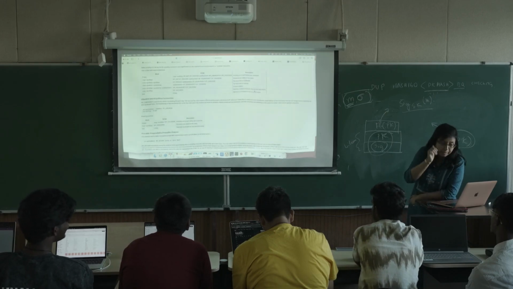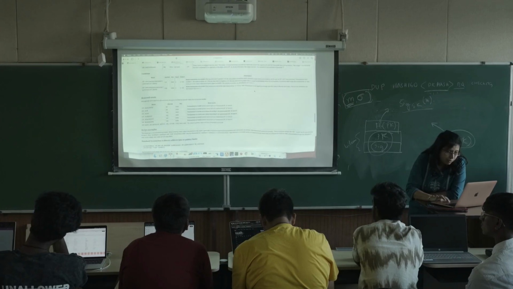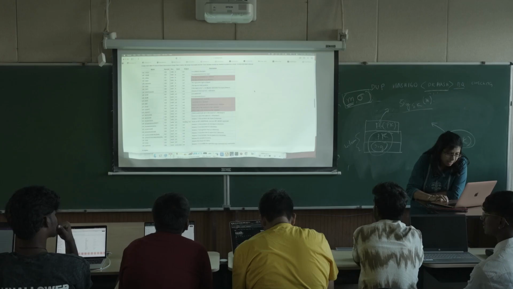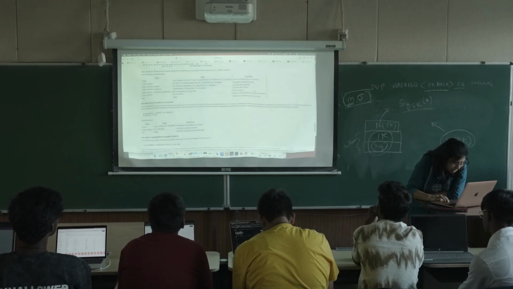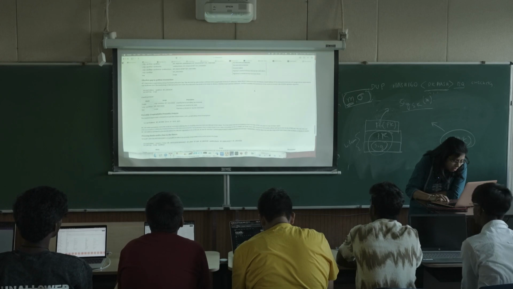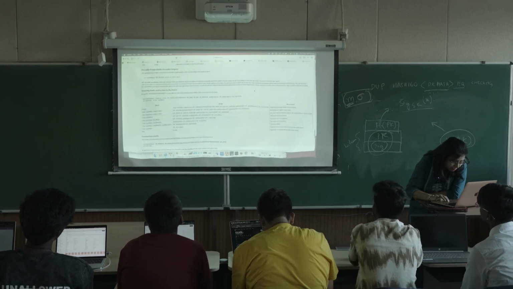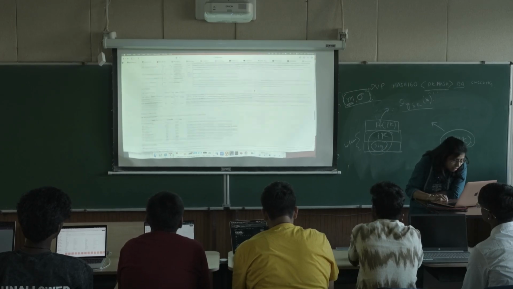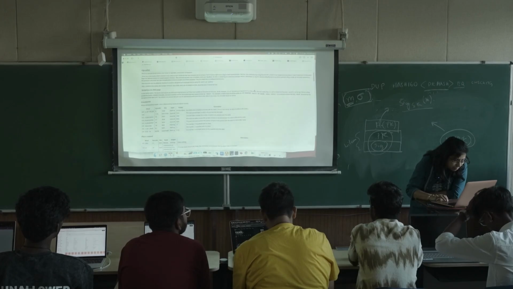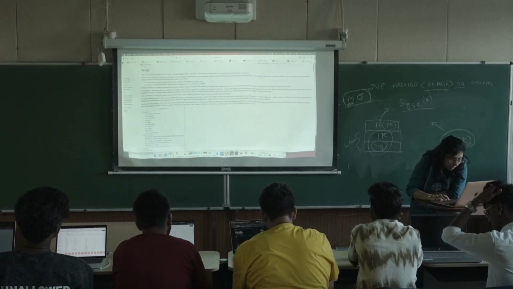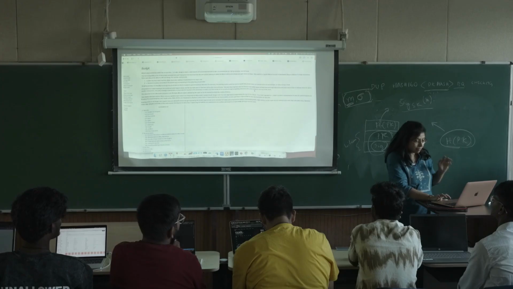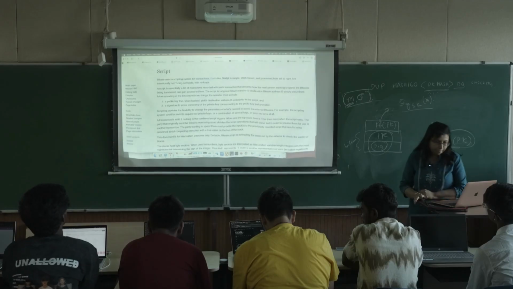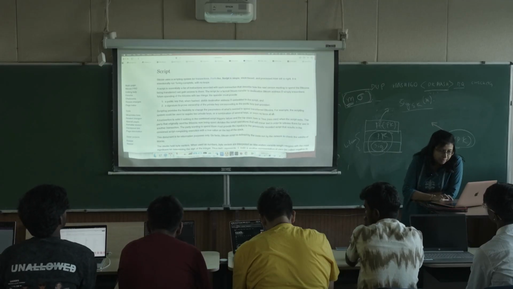I'll come to witness. But in blockchain, you will see that there are many of these opcodes. I think you should have a look into scripts.